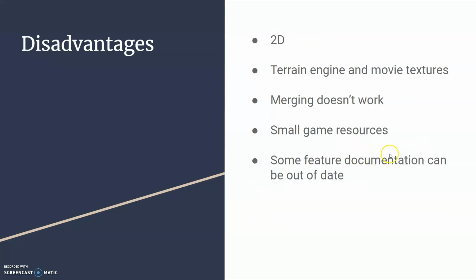Moving on to the disadvantages. Unity's pretty good in the 2D area, however, as opposed to other 2D game engines, Unity is considered to be a bit harder and less intuitive to use to make 2D games.